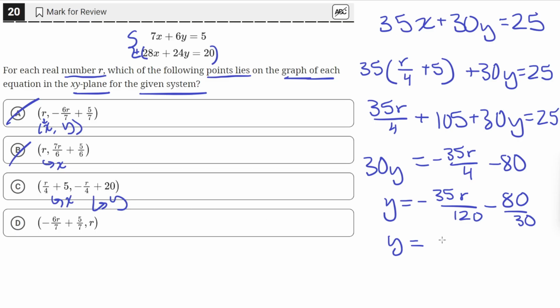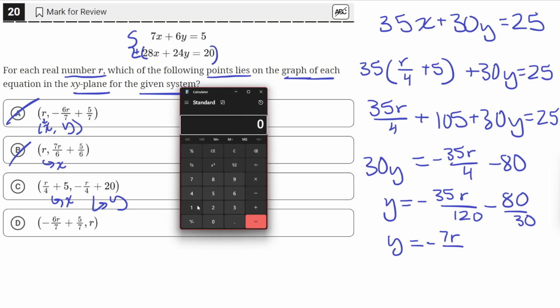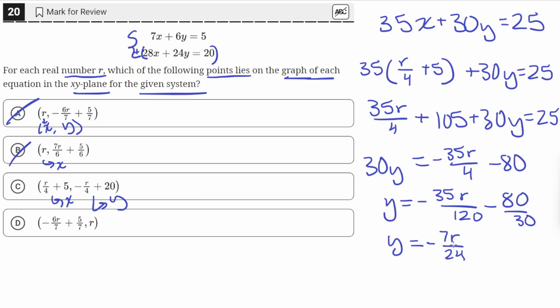So if we divide the numerator and the denominator by 5, we'll get negative 7r over 120 divided by 5, which gives us 24. So negative 7r over 24 minus 80 over 30, that's just equal to 8 over 3. So that's about as simplified as we can get.